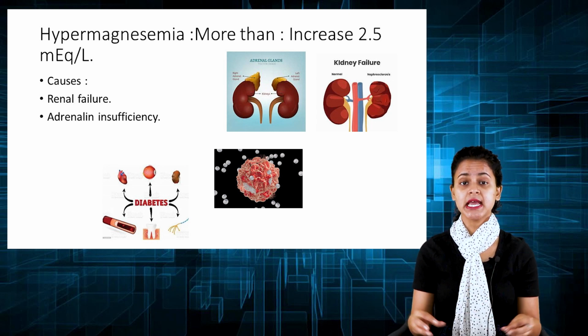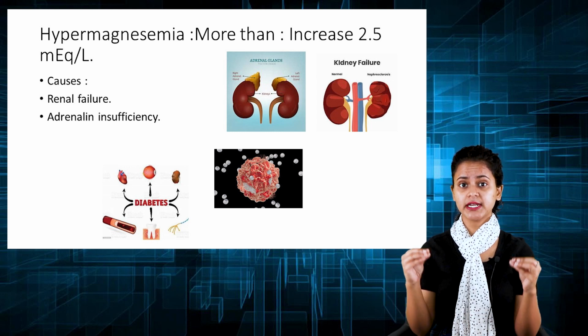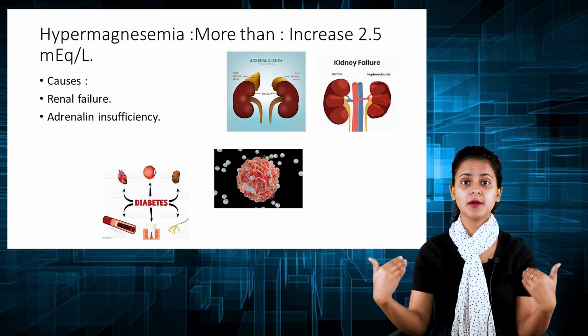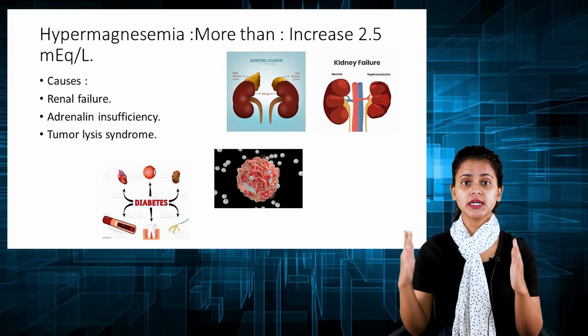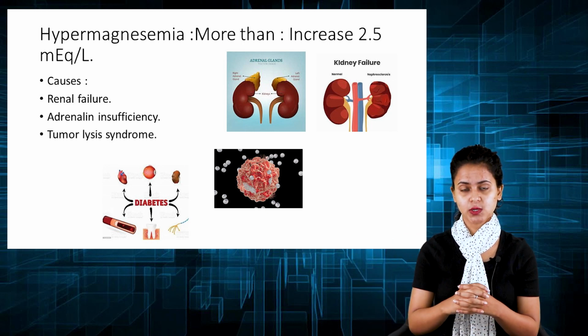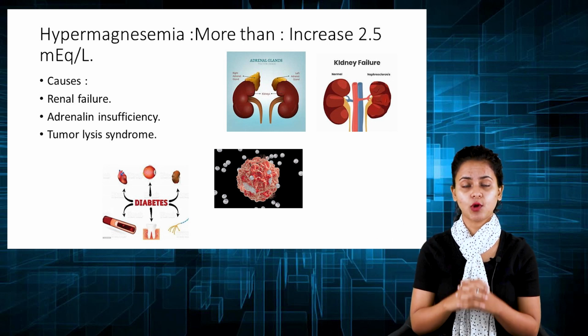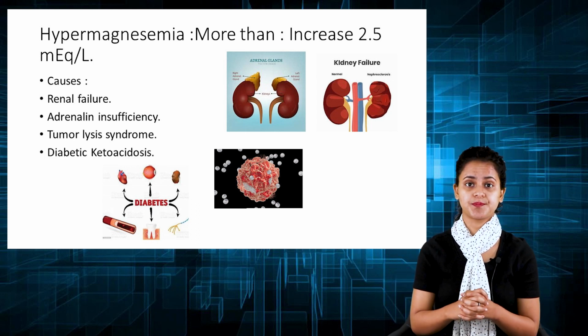That is the reason careful administration of this particular electrolyte plays a very important role in the prevention of hypermagnesemia. The next condition is tumor lysis syndrome, which almost always causes severely increased magnesium in the body, and the person develops the clinical manifestations associated with this condition.